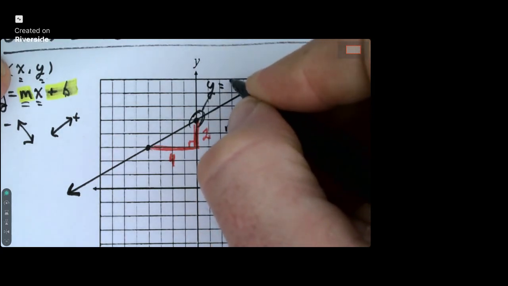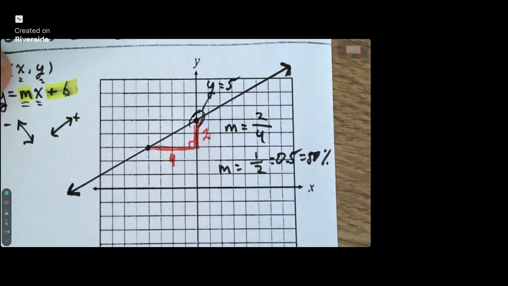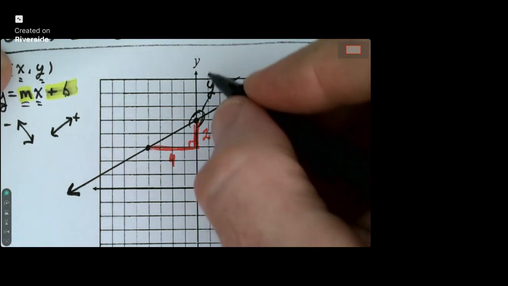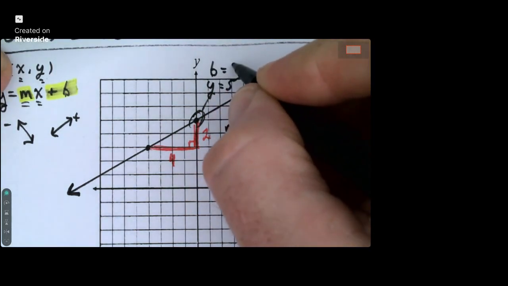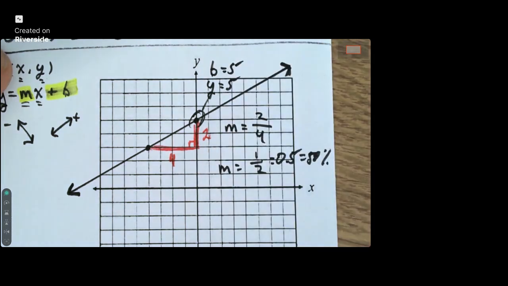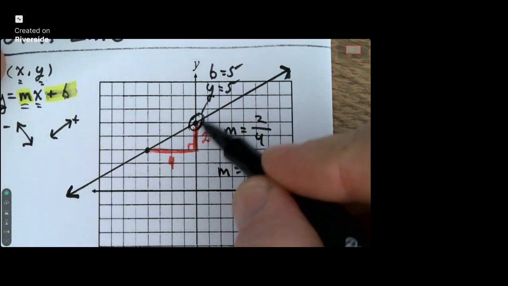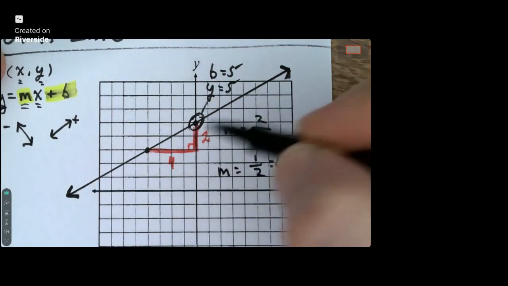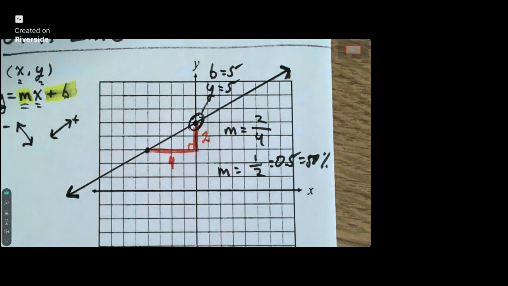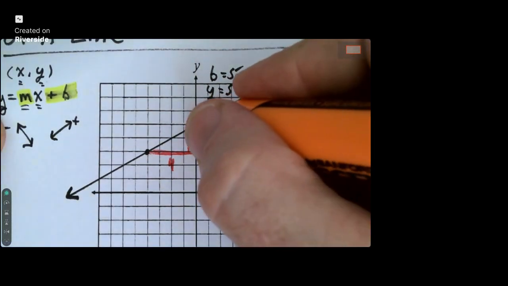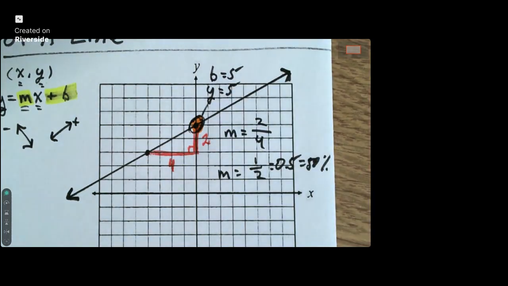There's our b value. B also equals 5. B is another variable, a symbol for where the line hits the y-axis. Right there.